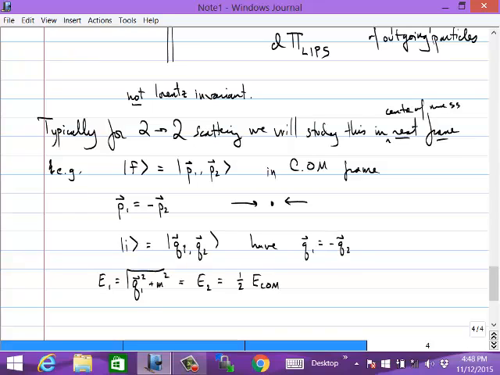The particles come in with equal and opposite velocities and equal energies. I guess here I'm assuming that the particles have equal mass. I think in the problems that I just handed out, you're going to be doing an example where they don't have equal mass.